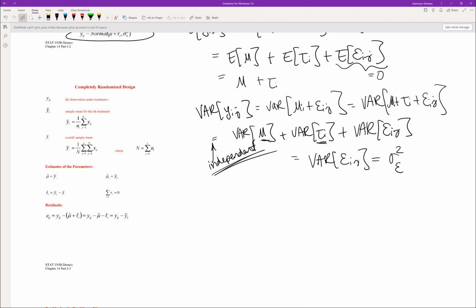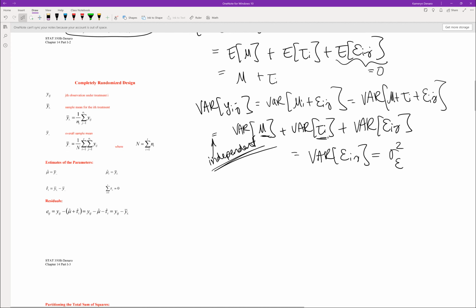Yij, right? We would say that's the jth observation under treatment i. So for example, if I have 10 treatments, then within those treatment groups, 1, 2, 3, 4, 5, 6, 7, 8, 9, 10, I have a certain number of people or observations.